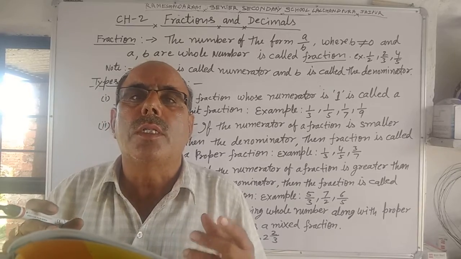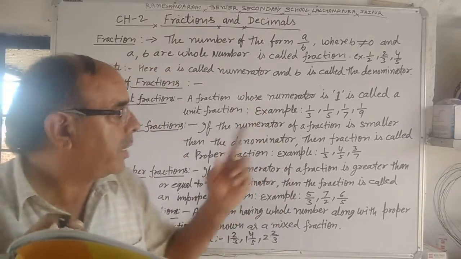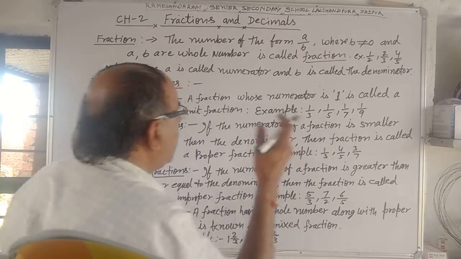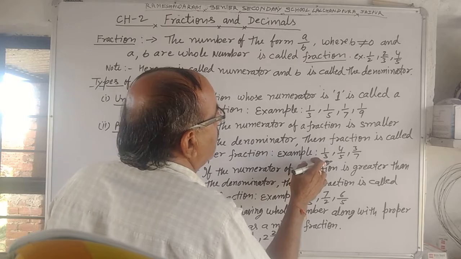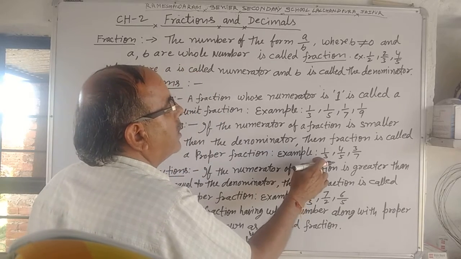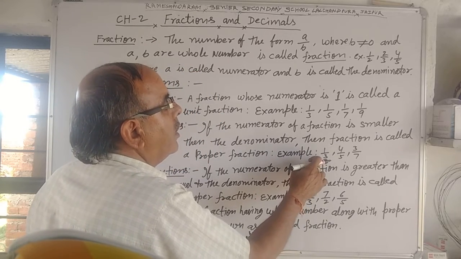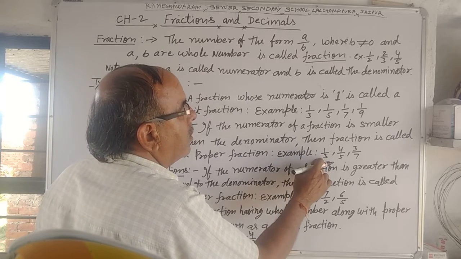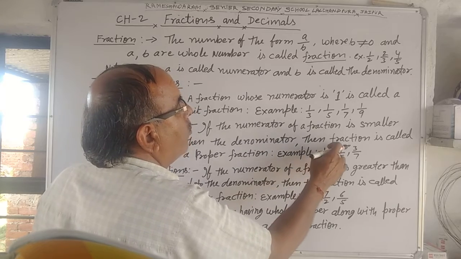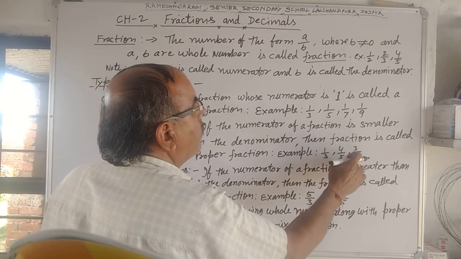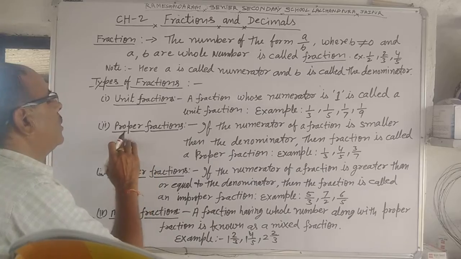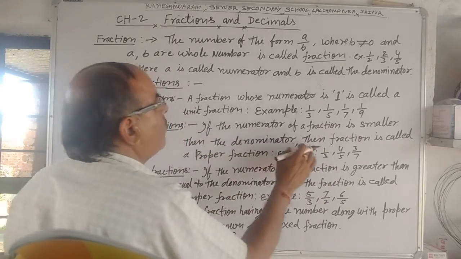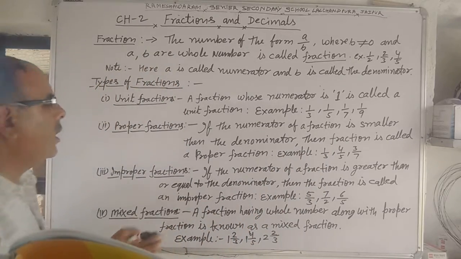It means the numerator is less than the denominator. In 1 by 3, the numerator is smaller than the denominator; 4 is smaller than 5, 3 is smaller than 7.